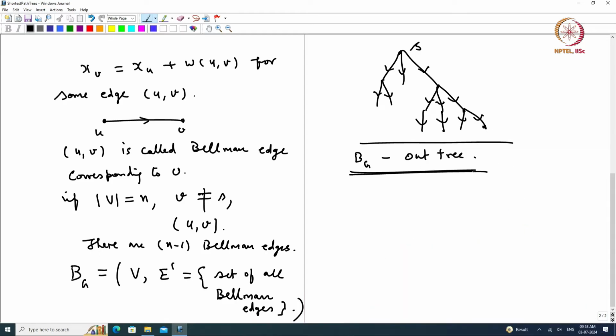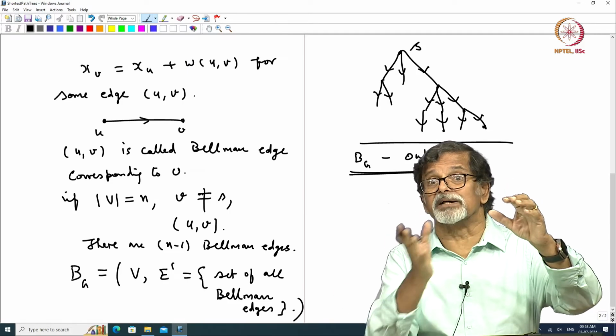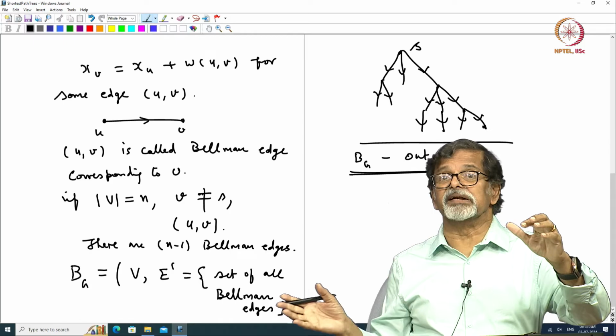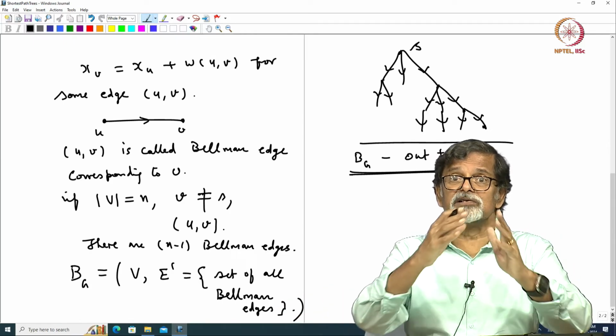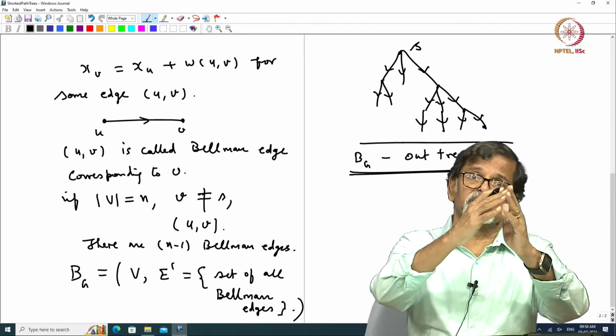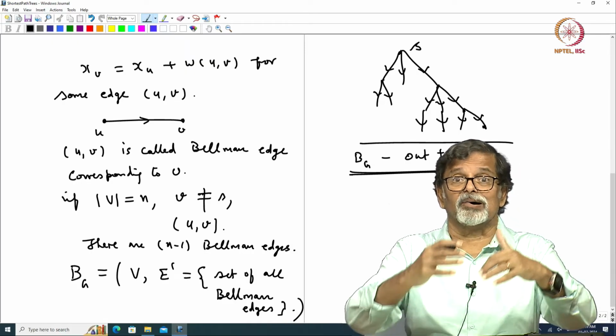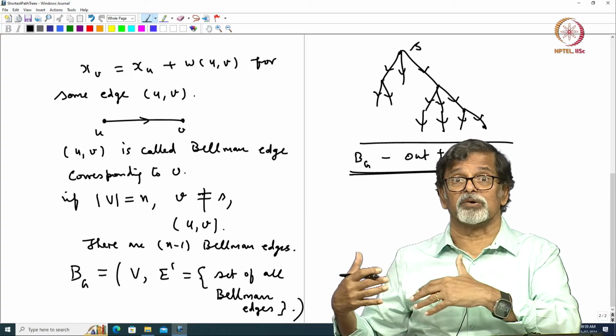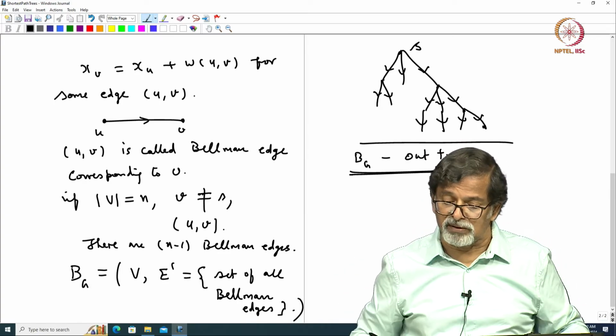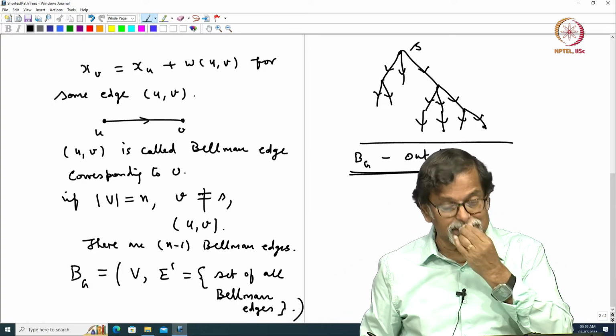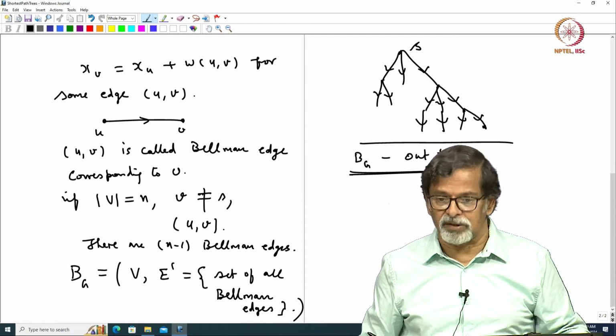Out tree means from the root all edges are directed towards the leaf. In tree means all the edges are directed towards the root. Here all of them are going away from the root. This is called an out tree. We will show that this is basically an out tree.